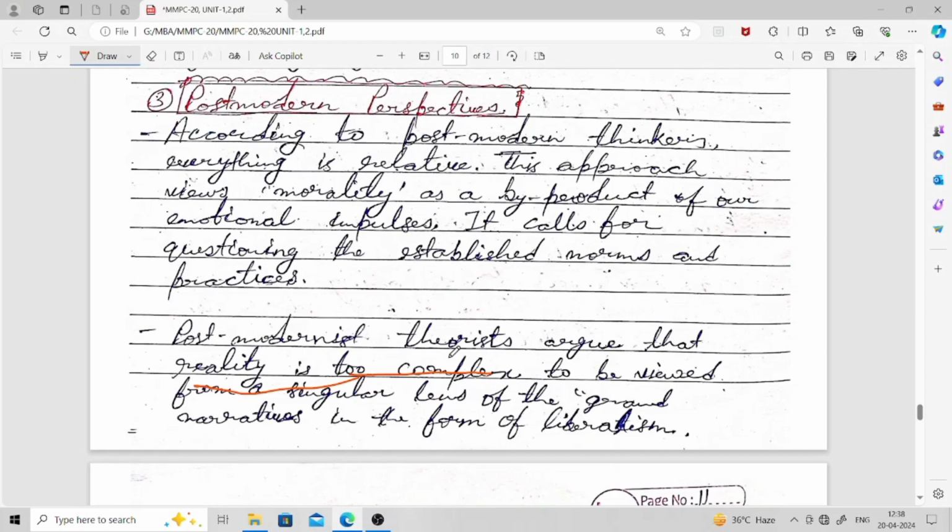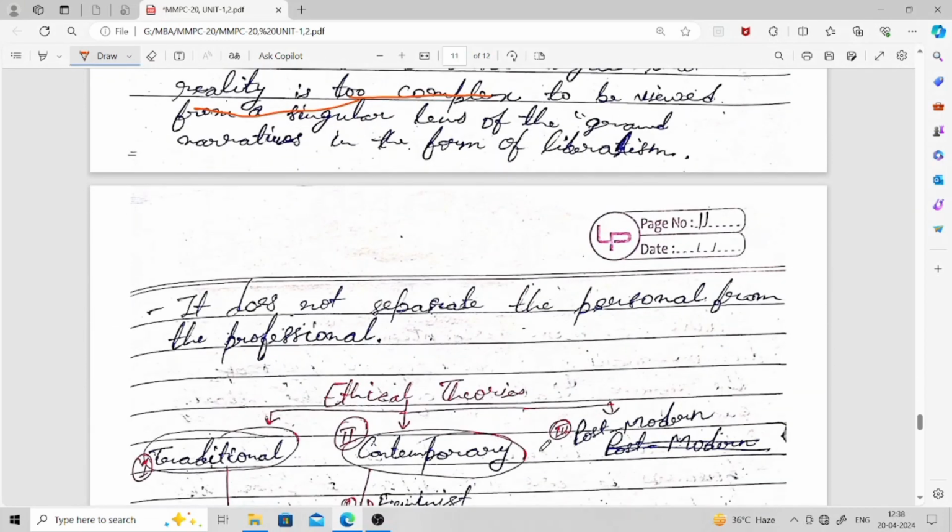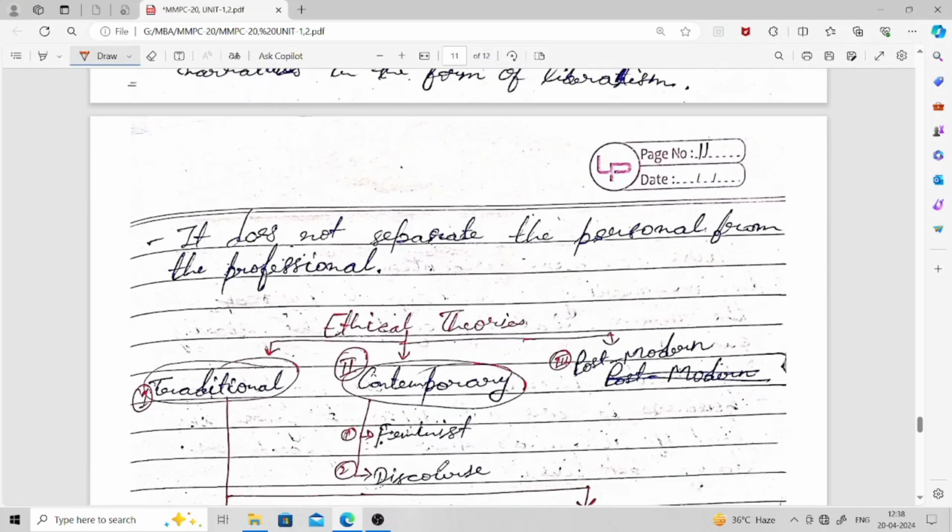That's what the postmodern perspective says. It does not separate the personal from the professional. It means both personal and professional are the same; personal ethics and professional ethics should be integrated, not different.